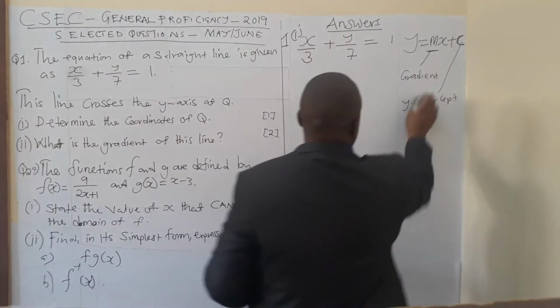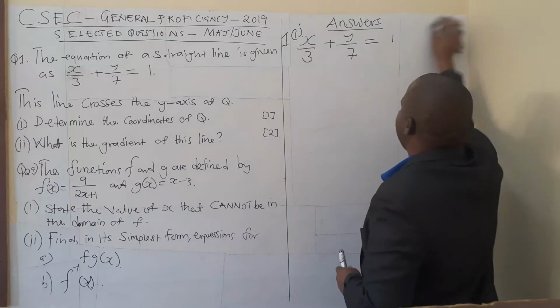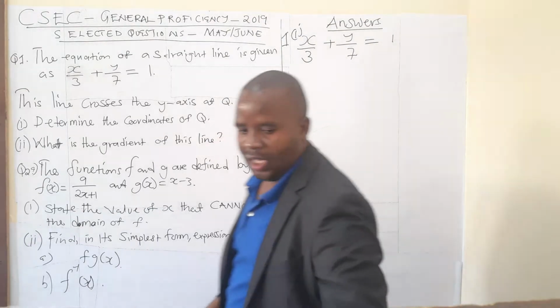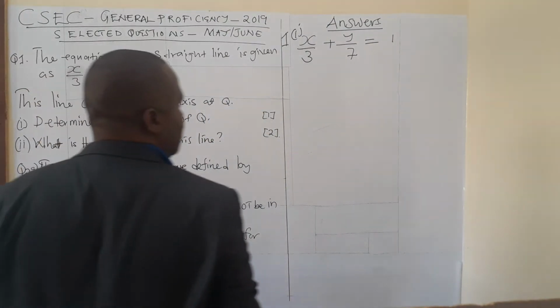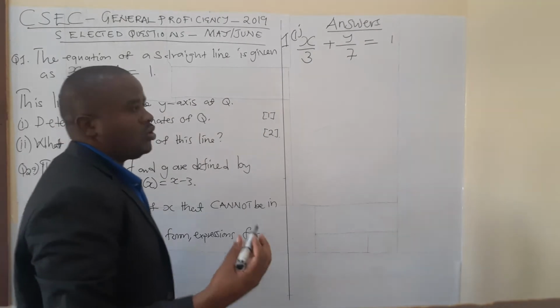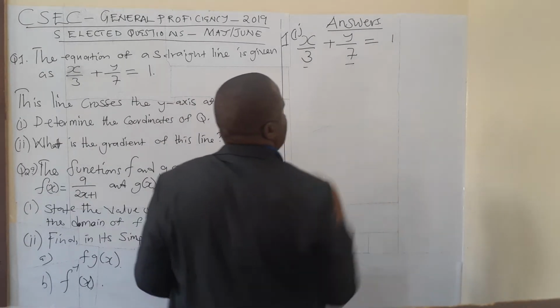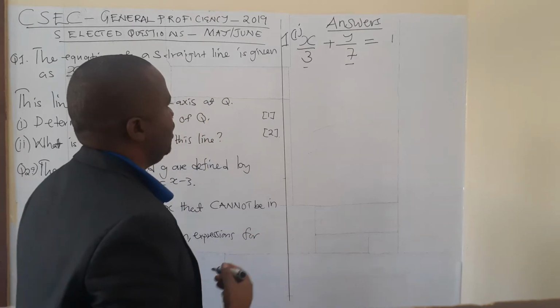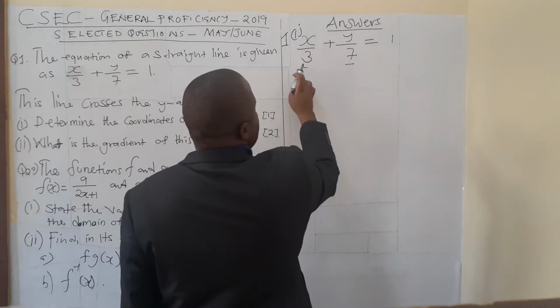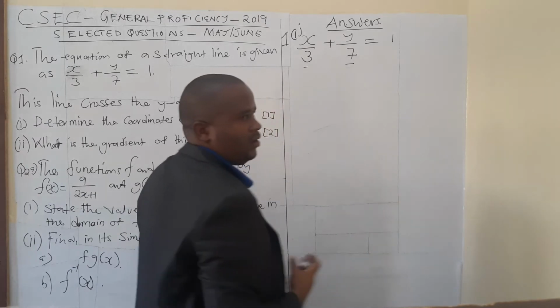So now, what are we going to do? There are a lot of methods of coming up with a standard form of the equation. We want to make y the subject. Look, we have these denominators. We can get rid of the denominators. So we multiply throughout by 3.